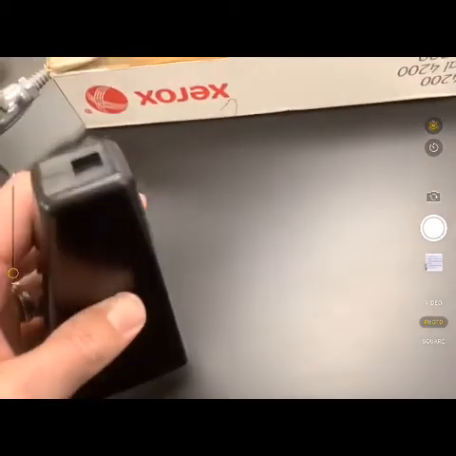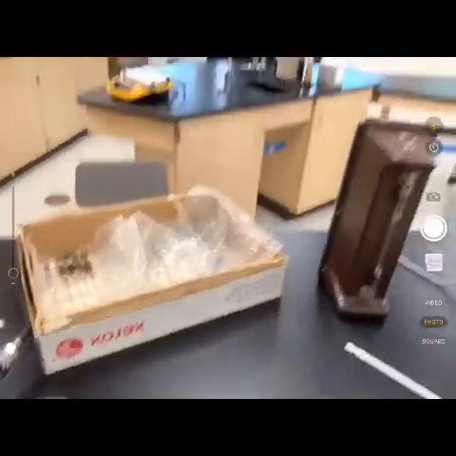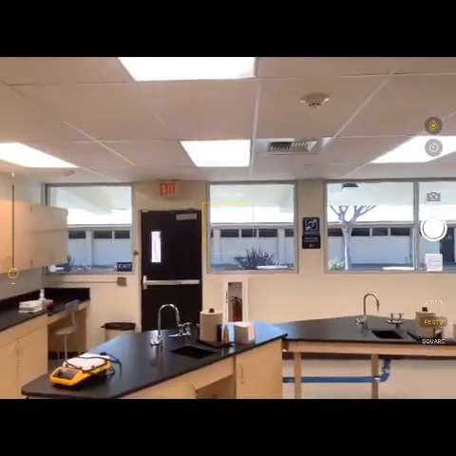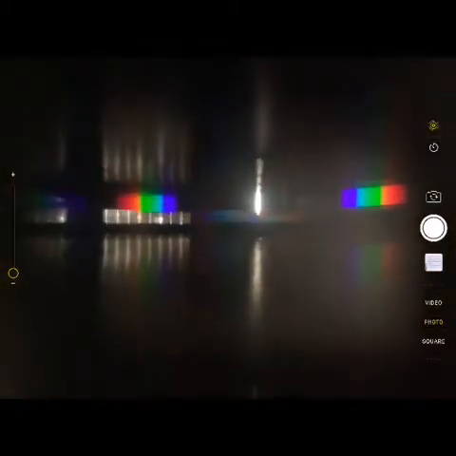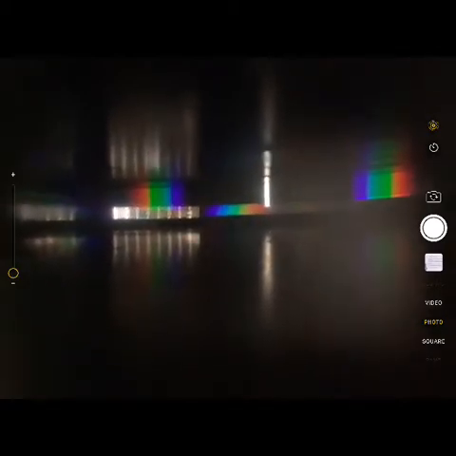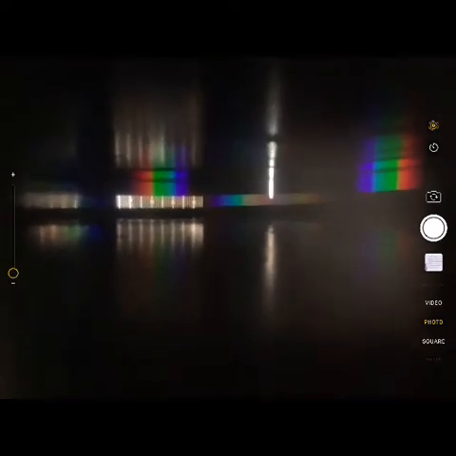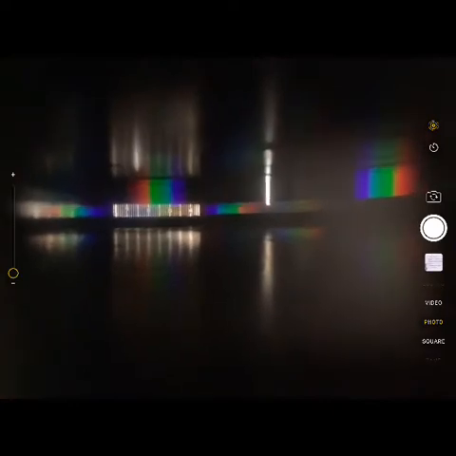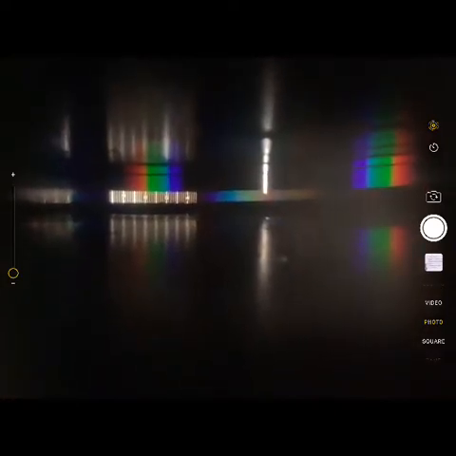So if I hold this up to the camera, maybe we'll look up at the lights here. I'll do my best to put it up to the camera. You can see when I put it up there off to the left, it's not focusing super well, but we can see all those numbers. We can see the exact wavelengths of the purple and the green and the red and the orange. All of these different colors are showing up.